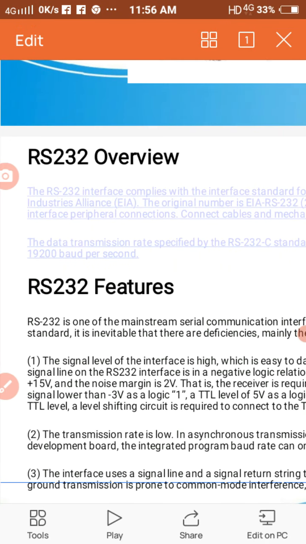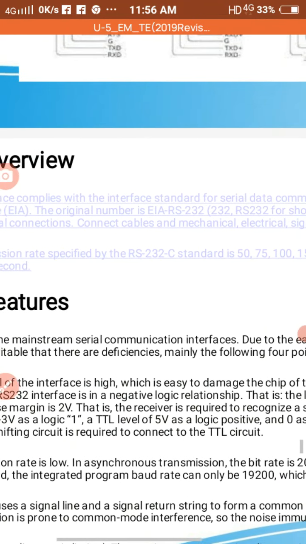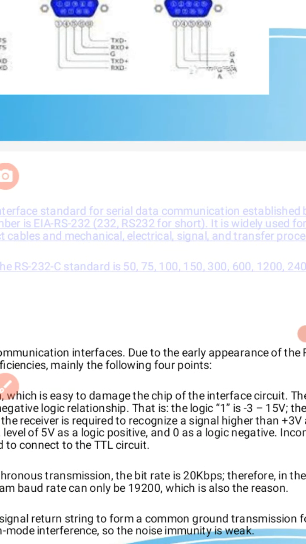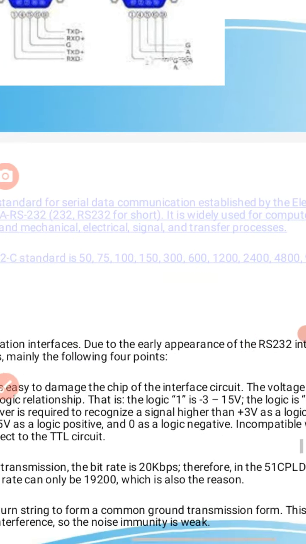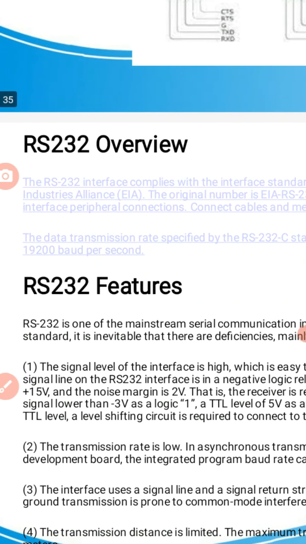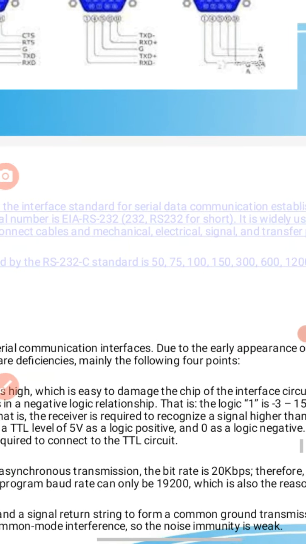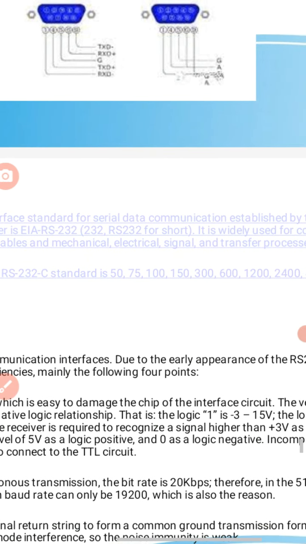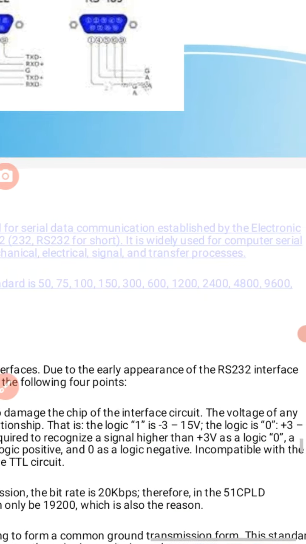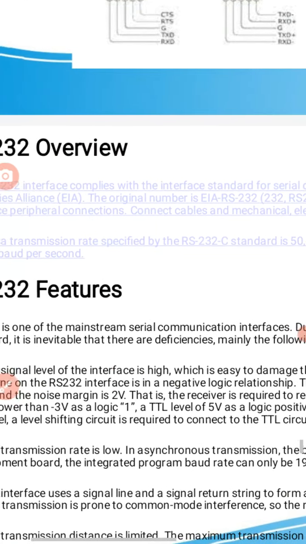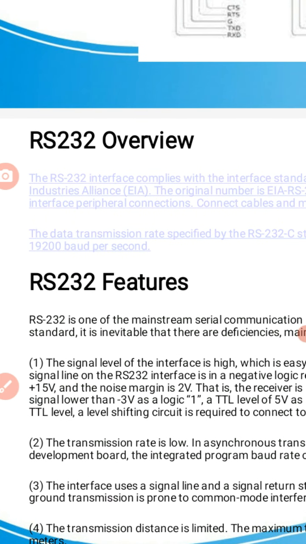The RS-232 interface complies with the interface standard for serial data communication established by the Electronic Industries Alliance. The original number is EIA RS-232. It is widely used for computer serial interface peripheral connections.